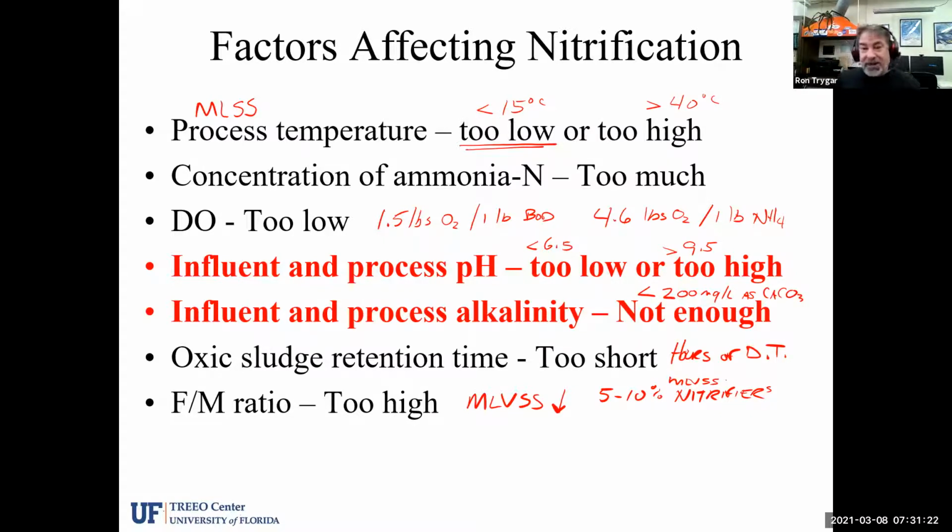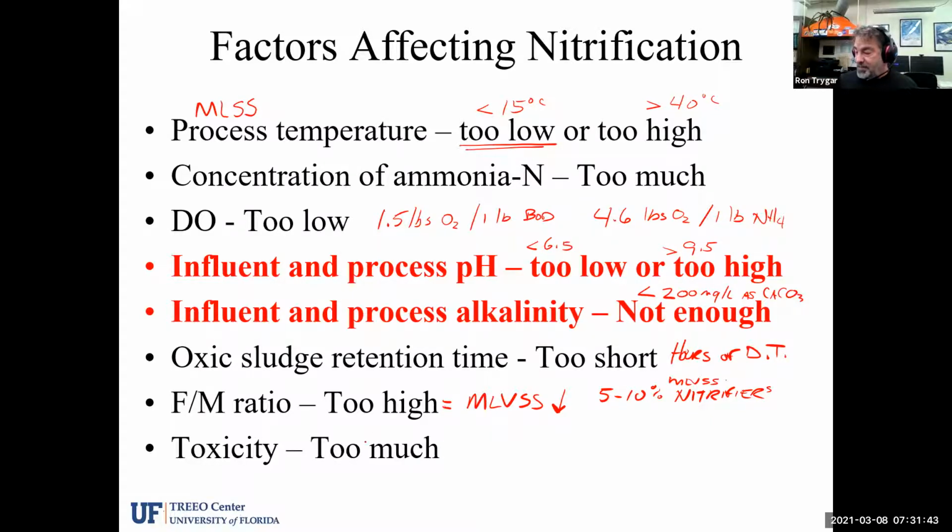So we need a little bit higher MLVSS amounts, as far as pounds of solids inventory, to make this work for us. So an F/M ratio that's too high also equals an MLVSS that's too low, and that's usually in milligrams per liter.